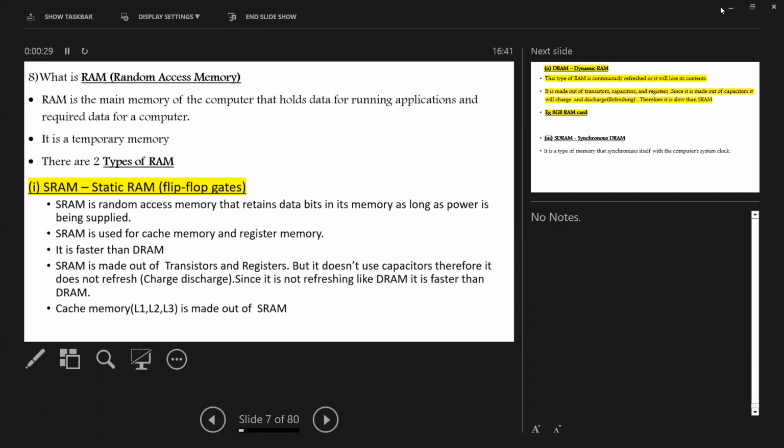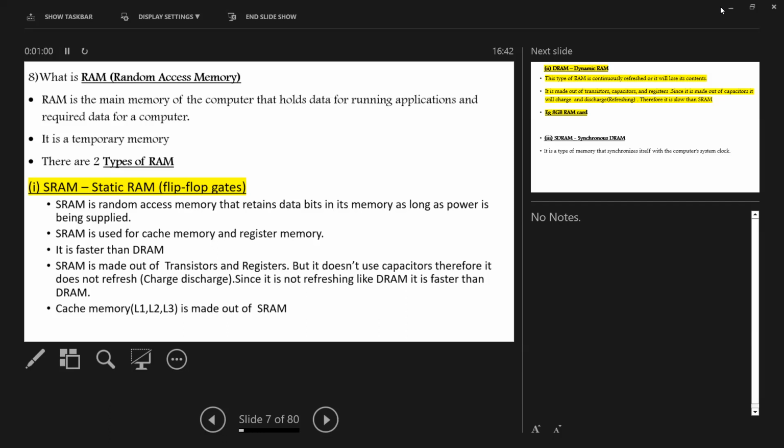SRAM is used for the cache memory and register memory. It is faster than the DRAM. SRAM is made out of transistors and registers. Since there are only transistors and registers, it doesn't contain capacitors, therefore it does not refresh. Where capacitors are present, they normally charge and discharge.